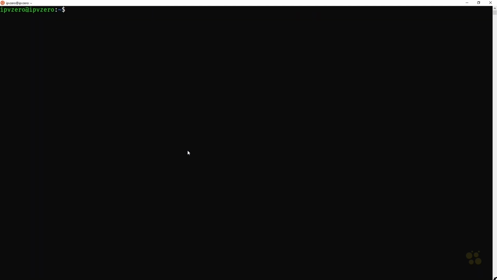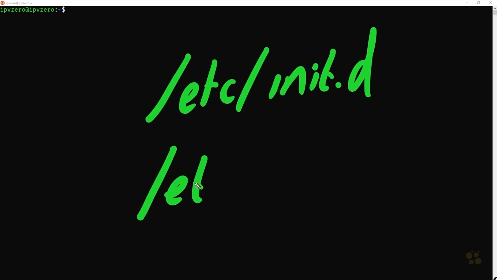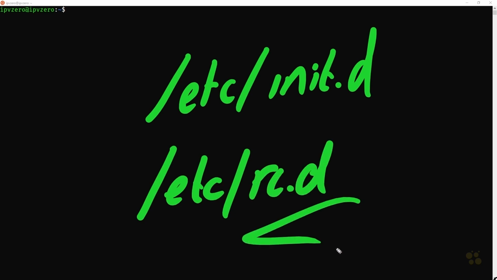So that is us for our brief visit towards SysVinit. Key takeaway points: really try to remember the location of where init is actually going to look to see which processes have to be started. /etc/init.d on Debian systems, as well as /etc/rc.d for our Red Hat based systems.